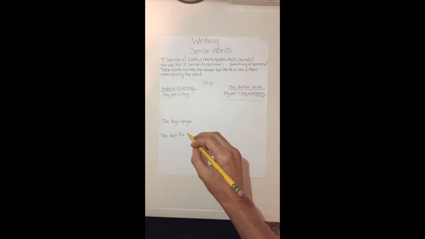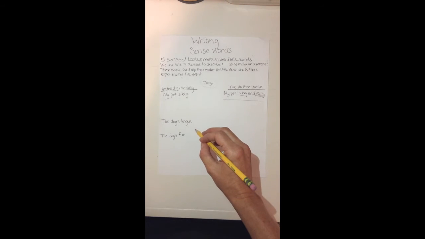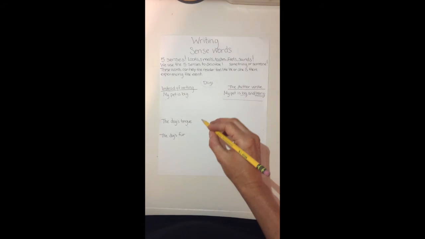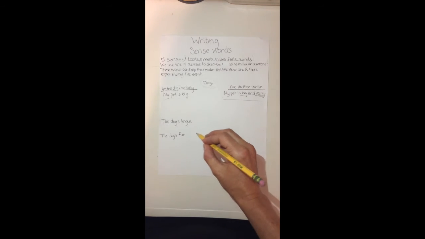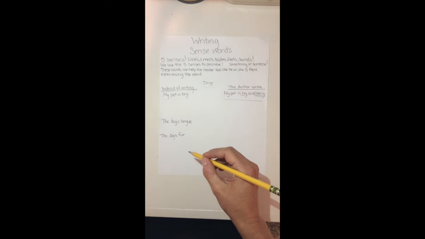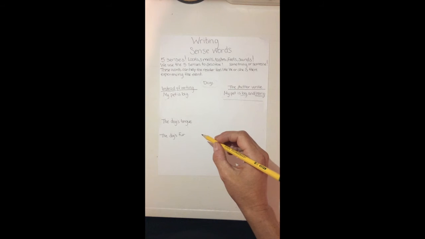And we're going to finish the sentence using sense words to describe the dog's tongue. I'm going to give you a hint. What does the dog's tongue look like? That's what we're going to describe. Let's look at page 77.